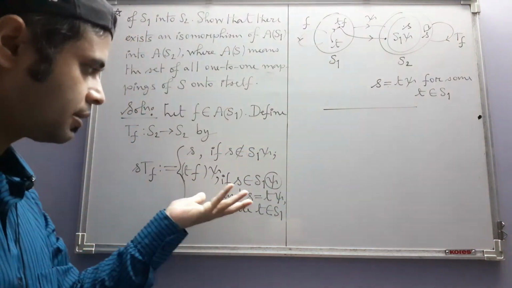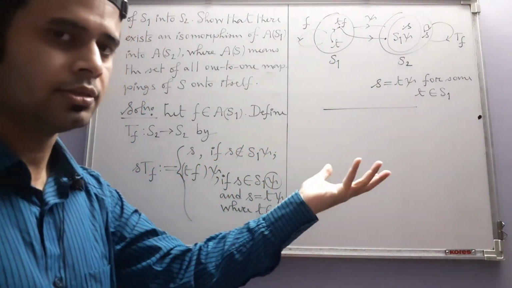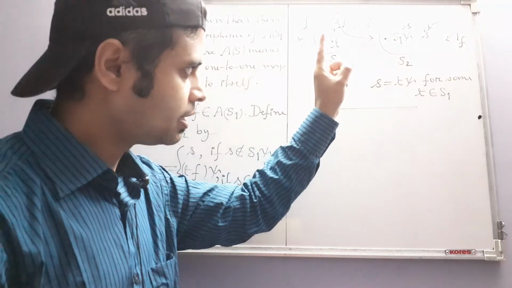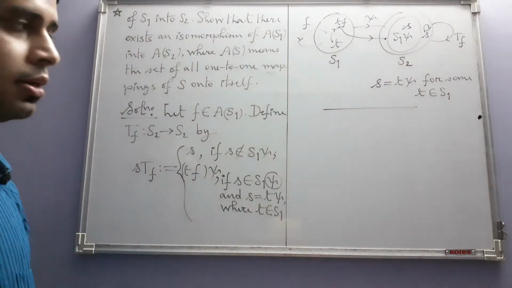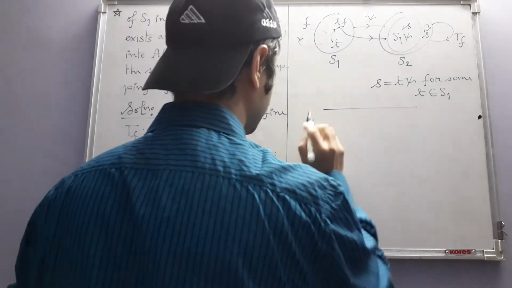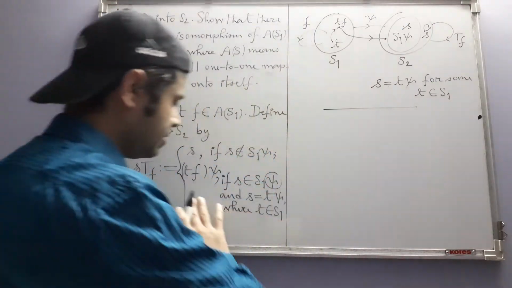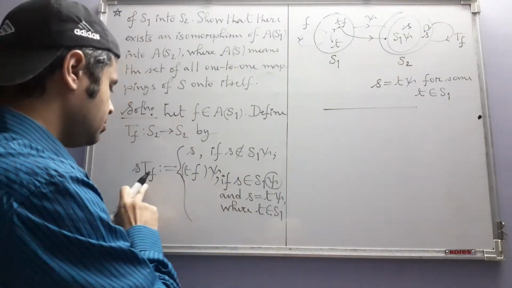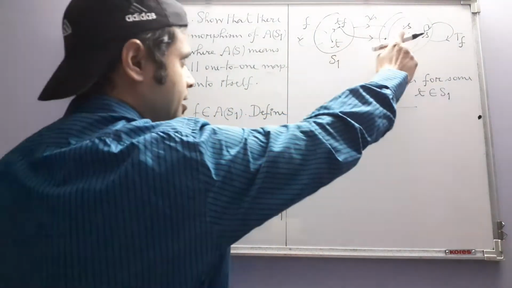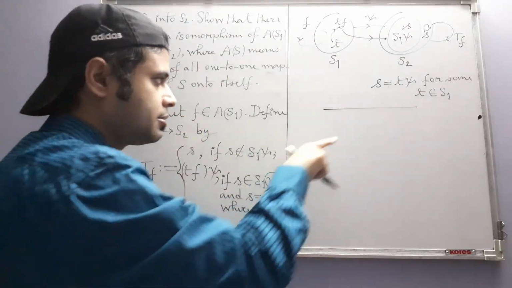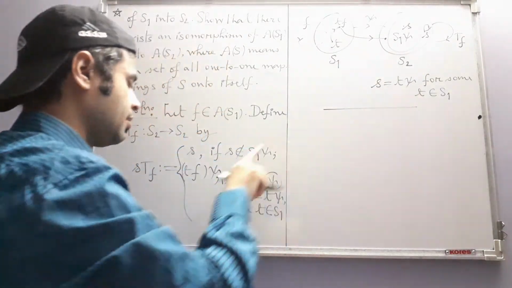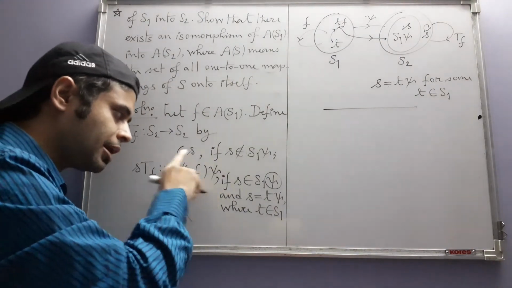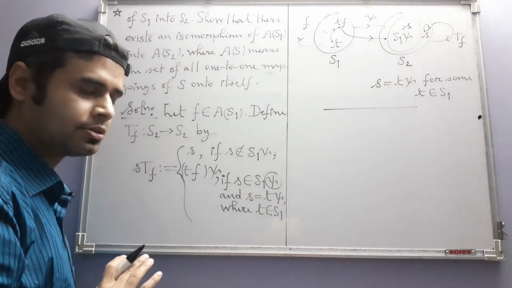So what we are saying here is simply this: you choose S in S1 psi, for that S you get only one T, and that's why there is only one output in the second case also.